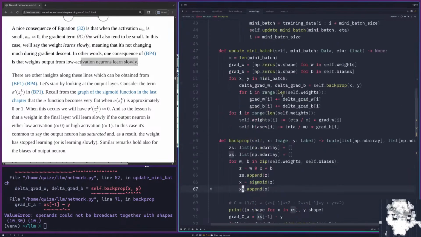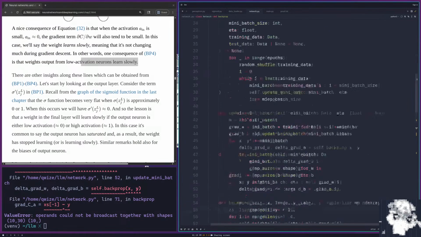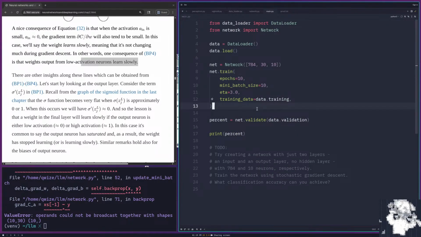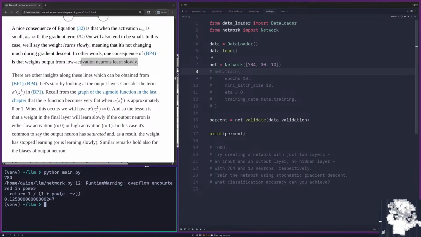We're doing the same as in the forward prop, aren't we? Maybe that's not working. What if I don't train? What if I just validate? Does that work? It does, and I get 12.5% accuracy.